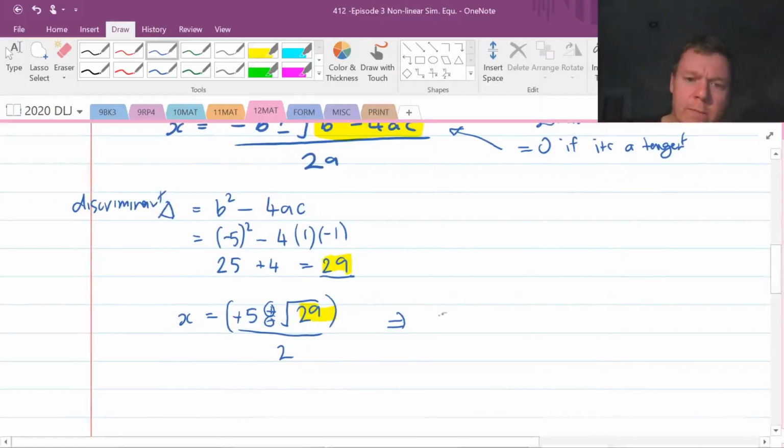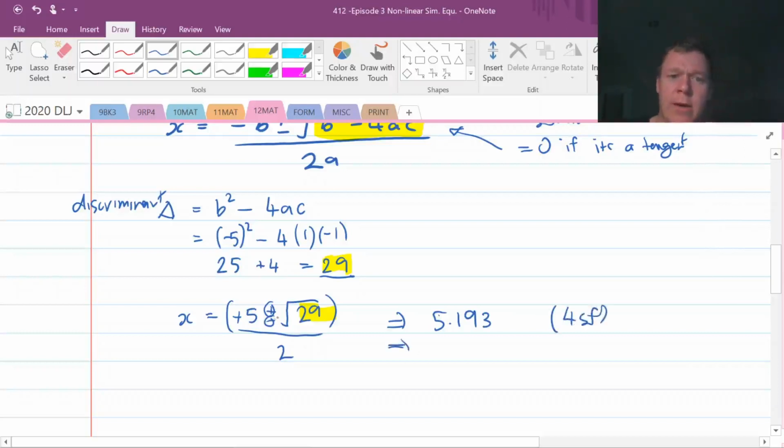That got me 5.193, just 4 significant figures, and if I make that a minus, we've got negative 0.1926. Okay.